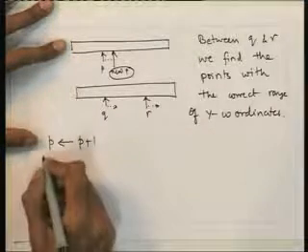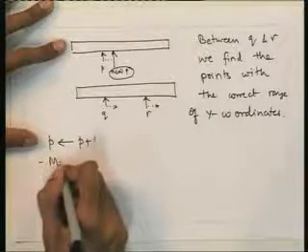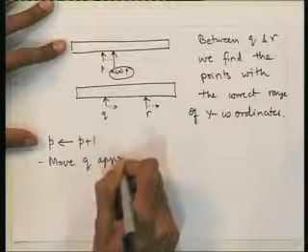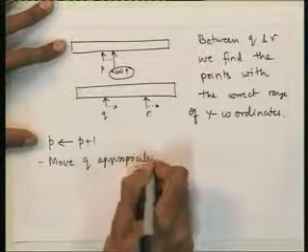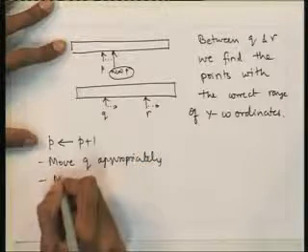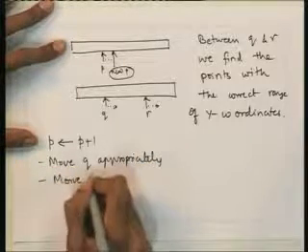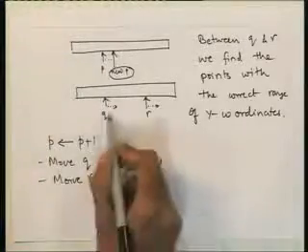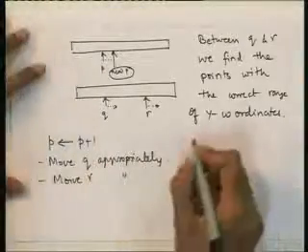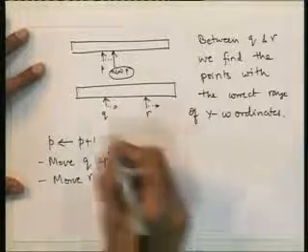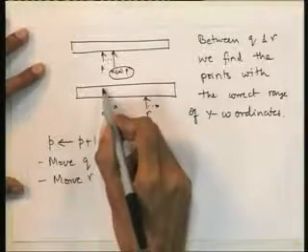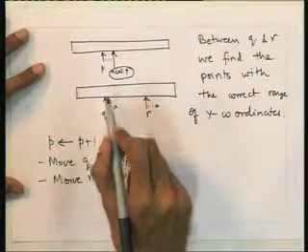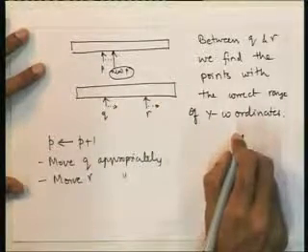So the next step is move Q appropriately, and then move R appropriately. What do I mean by appropriately? You increment Q till this value is in the range y prime minus d to y prime plus d.